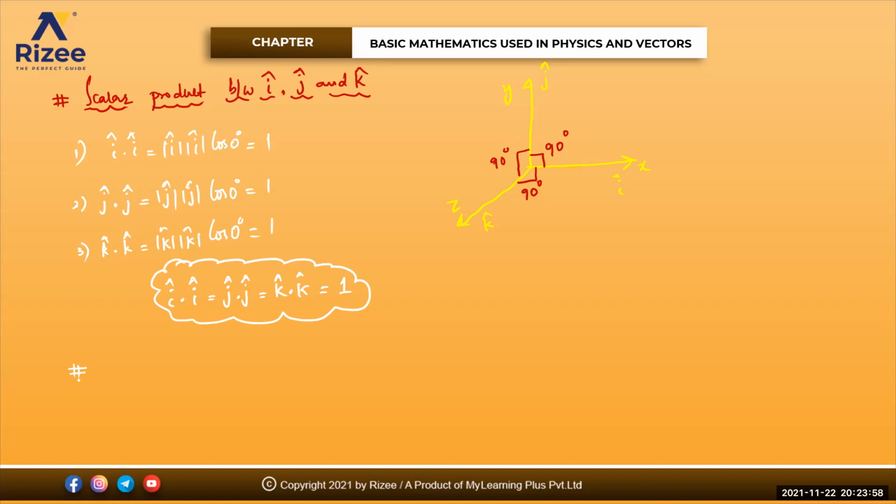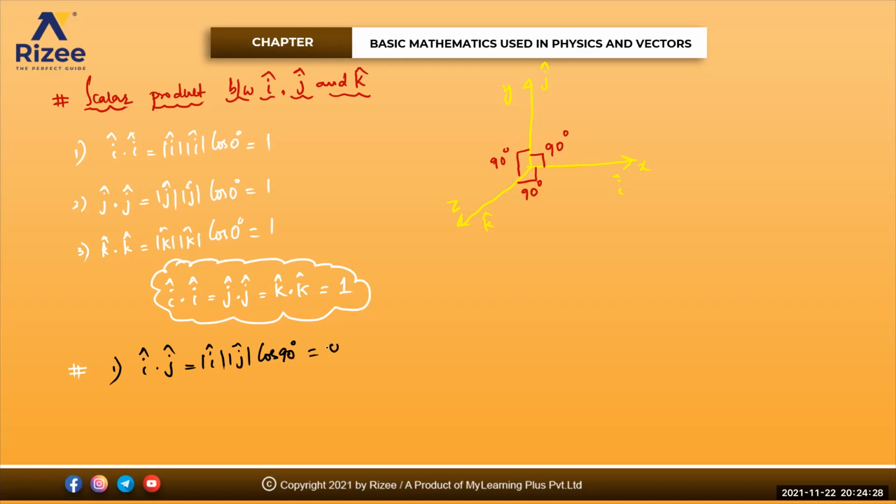Is that clear, beta? I cap dot I cap is equal to j cap dot j cap is equal to k cap dot k cap, and it will always be equal to 1. Similarly, if I am taking perpendicular vectors, I cap dot j cap will be equal to mod of I, mod of j into cos 90, since the angle between them is 90.